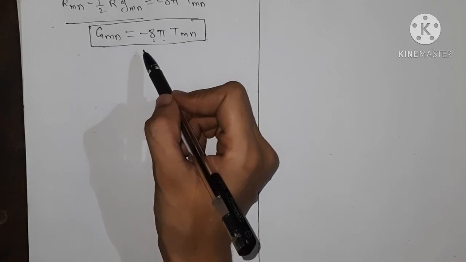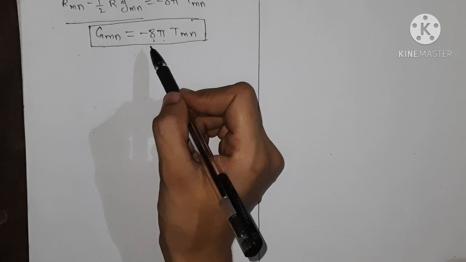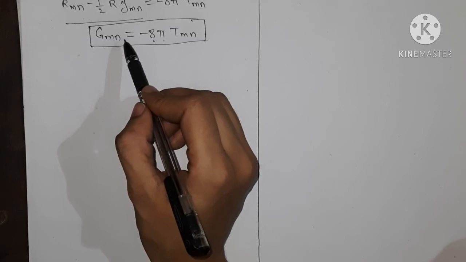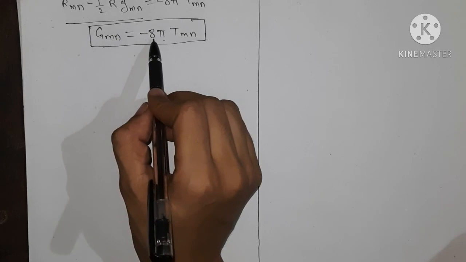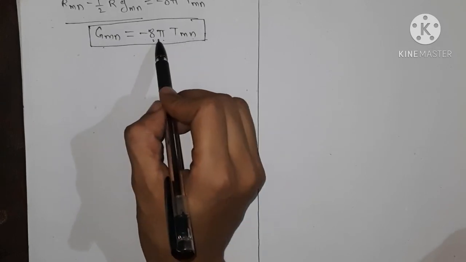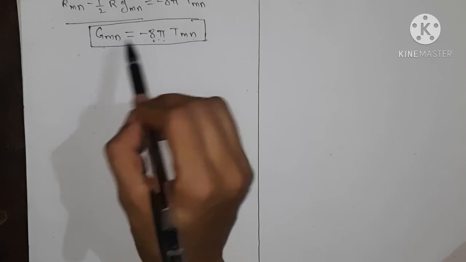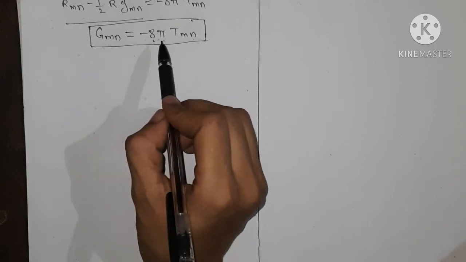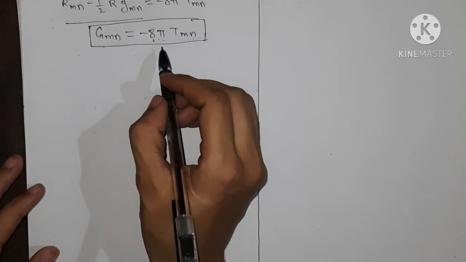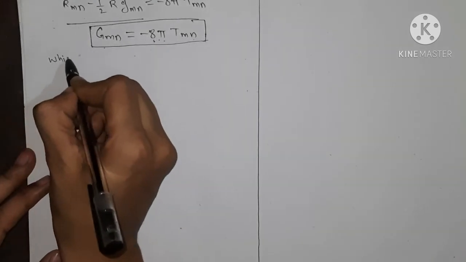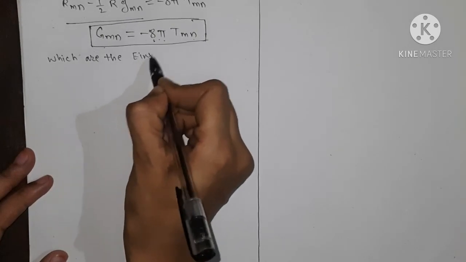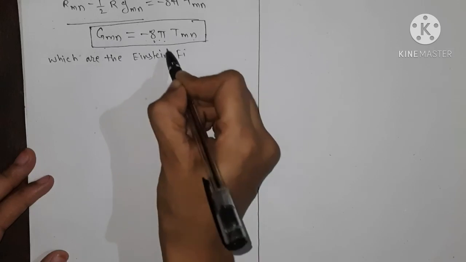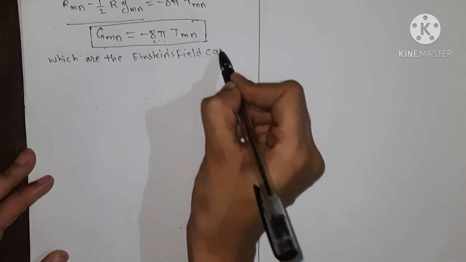Then we substitute the value of delta of Sg as I1 plus I2 there, and from this we solve that equation by substituting the value of delta Sg and delta Sf, and therefore we get here that G mn is equal to minus 8 pi T mn, where 8 pi is nothing but a constant which is equal to kappa, and these are called the Einstein field equations.